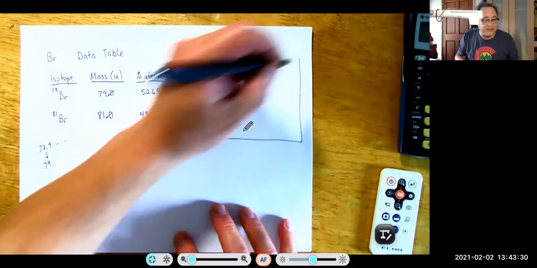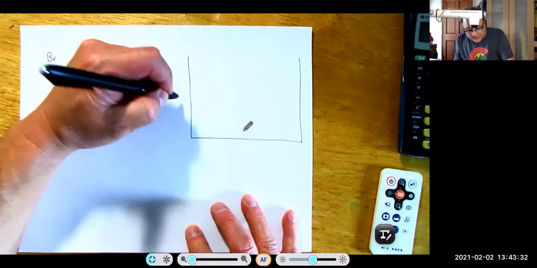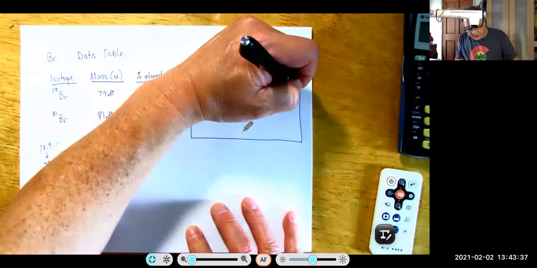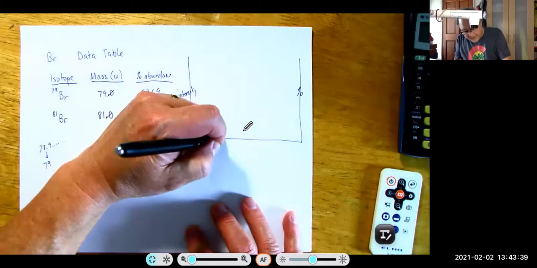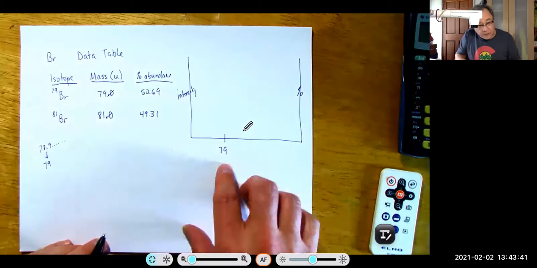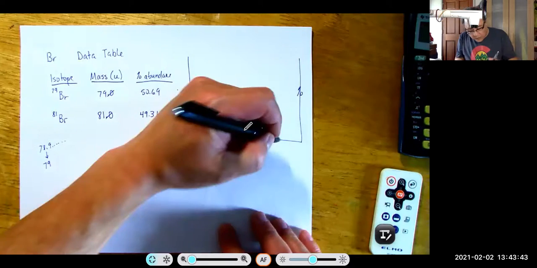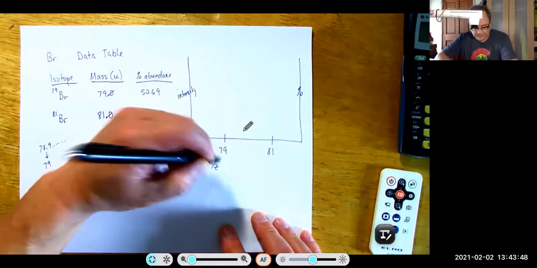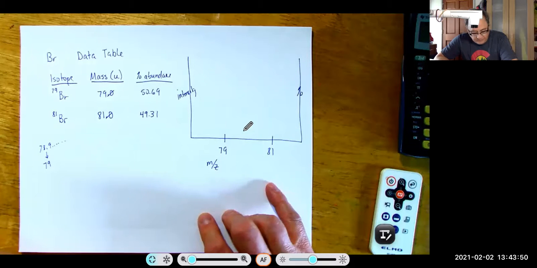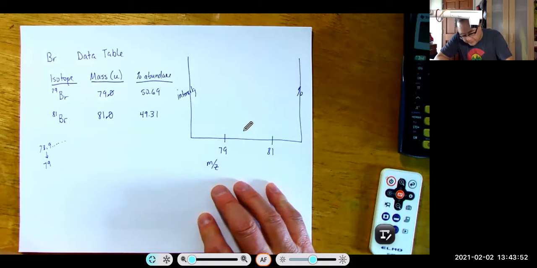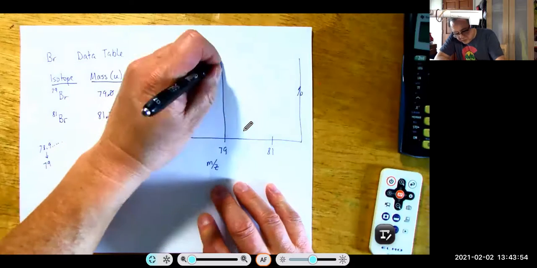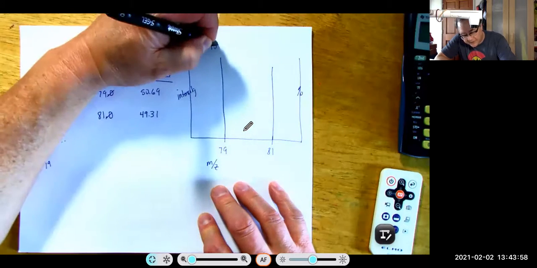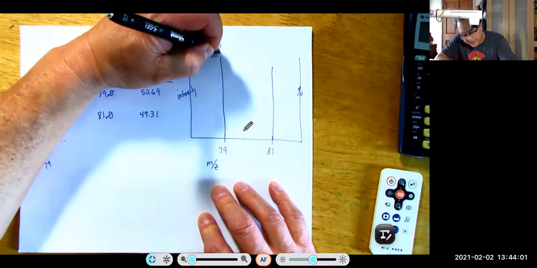And then you're going to write the spectrum down. And this is going to say intensity. And this is going to say percentage. We've got a signal at 79 for bromine 79 and one at 81. And this is the mass to charge ratio. Now, on the drawing, this says 150.69.